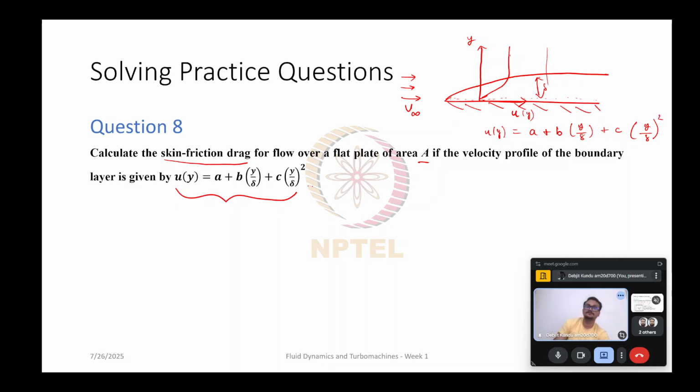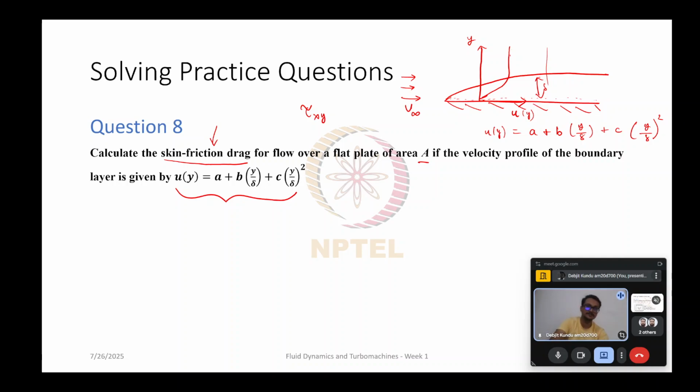So the question is, what would be the skin friction drag? Another piece of terminology over here. It's basically asking what is the force on the flat plate. I'll tell you how to do this. You know the velocity. You have to find out what the shear stress is on the flat surface because of this. There is some flow over this flat plate, right? So this air would try to drag the flat plate towards its own direction.